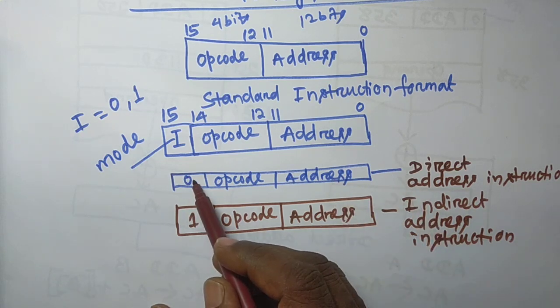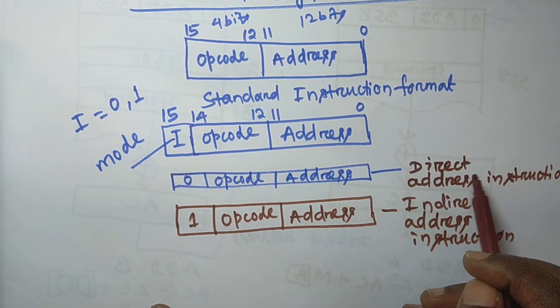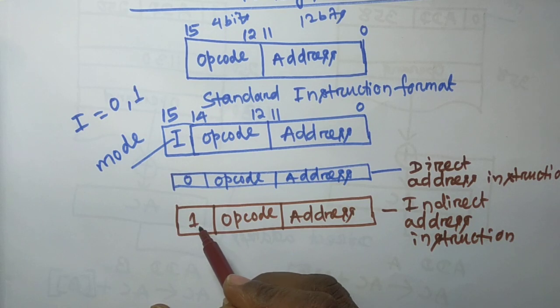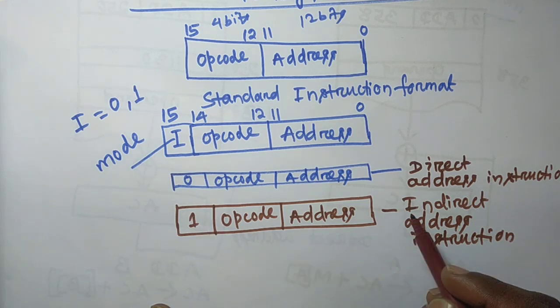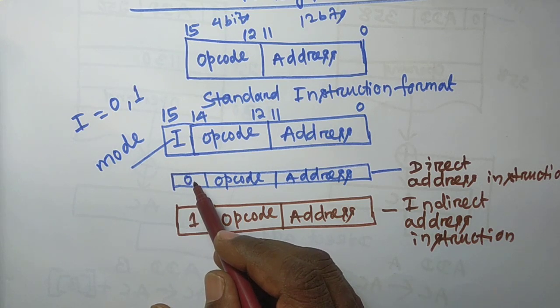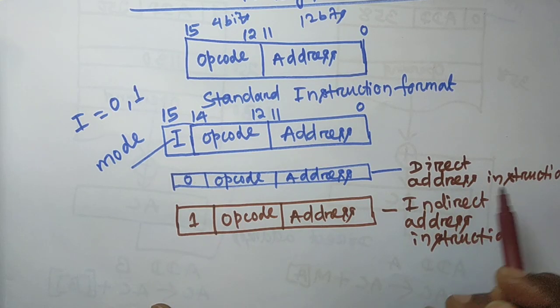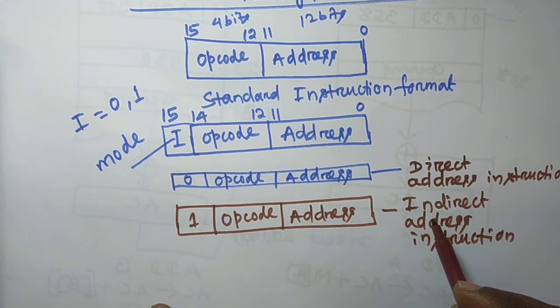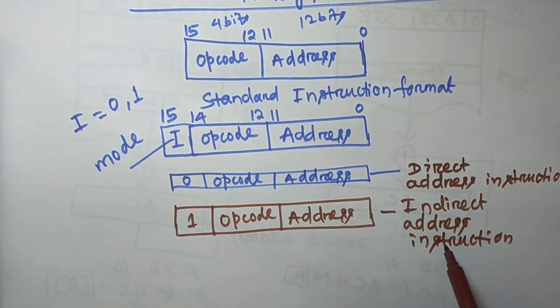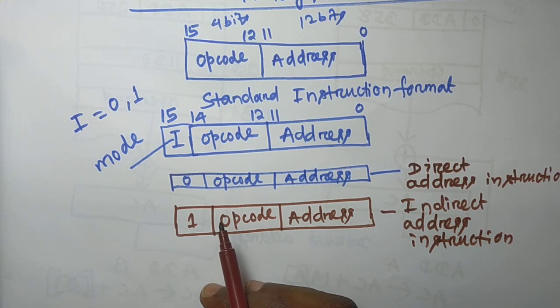If it is 1, then it is an indirect address instruction. Once again, if the mode part is 0, it is a direct address instruction, and if the mode part is 1, it is an indirect address instruction. This is the basic concept of direct and indirect address.